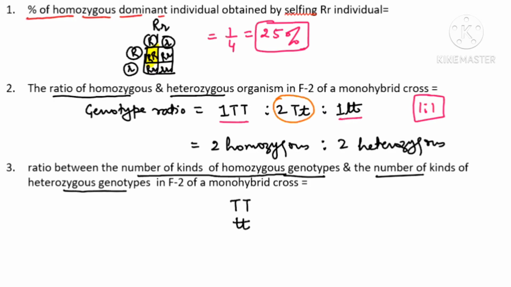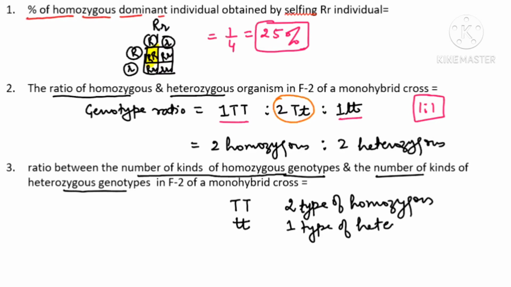So how many types of homozygous genotype are you getting? Two types. But how many types of heterozygous genotype are you getting? Only one type of heterozygous. So easily you can solve this question, and the answer will be a 2:1 ratio. Is it clear?